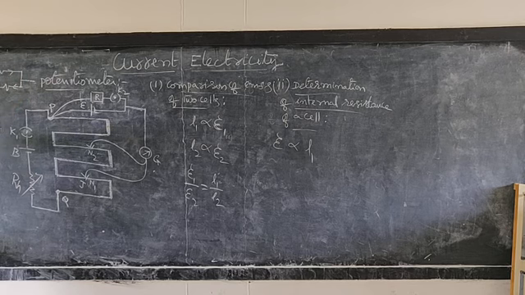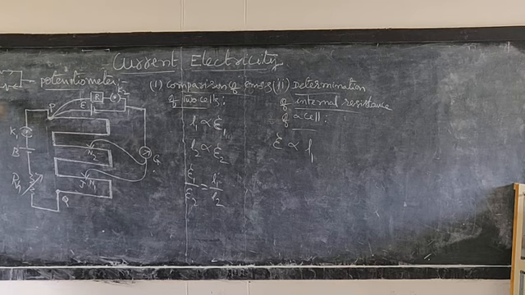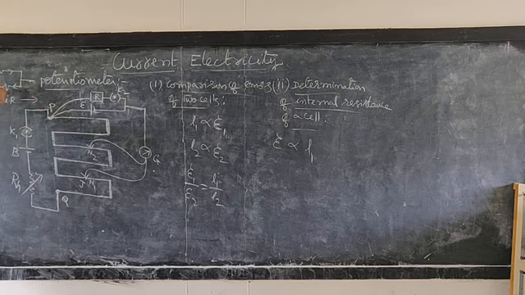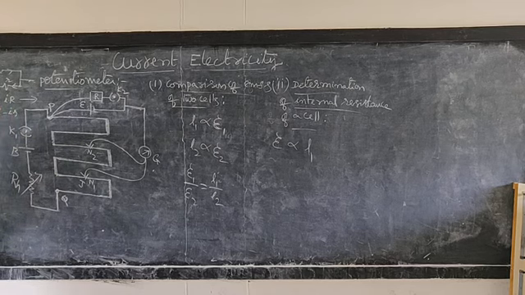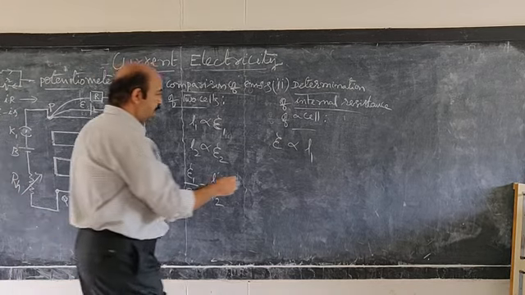Say it is I, then the potential difference between these 2 points is equal to IR. If E is the EMF and r is the internal resistance, V is also equal to E minus Ir, because the battery is discharging, so we can write it like this.